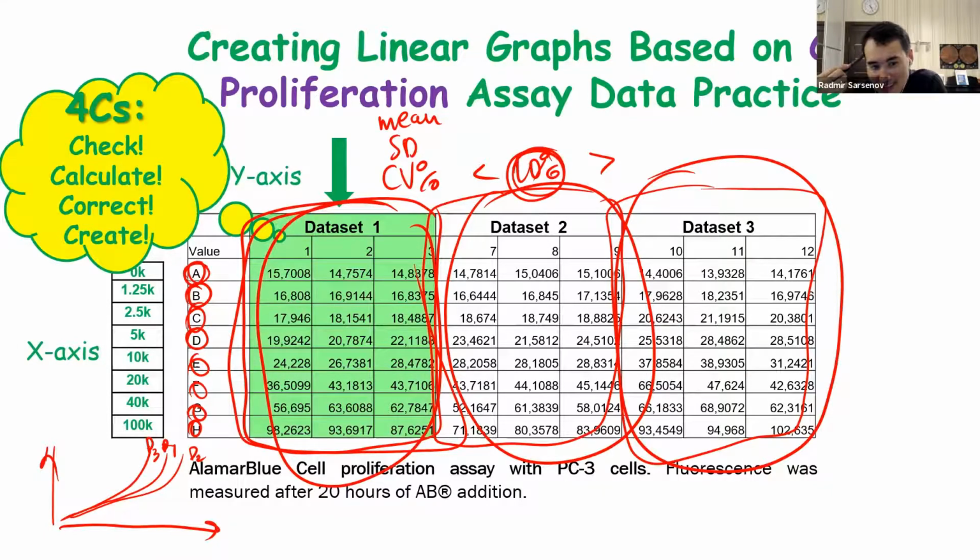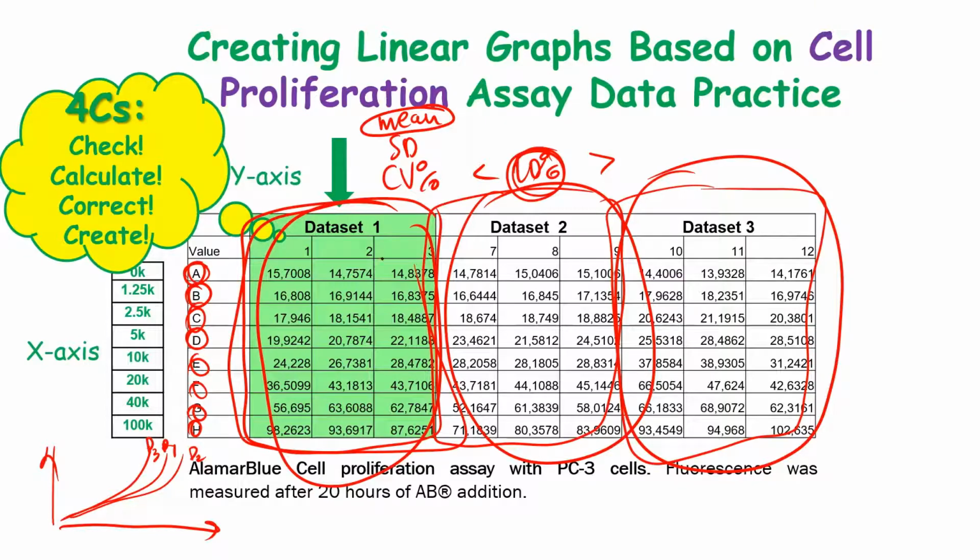Is it clear? So like enter each figure into the graph. What do you mean, figure? I mean like 15.7008, 14.7. No. As I said, you find the mean.